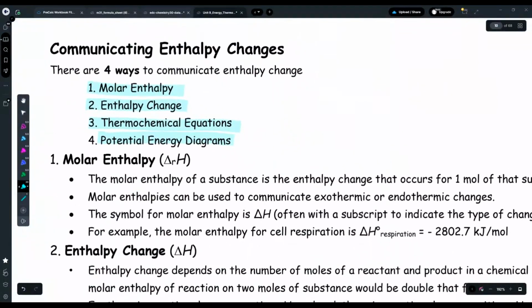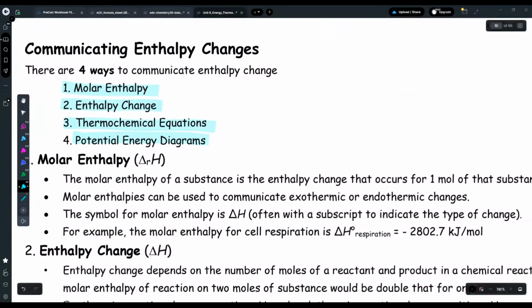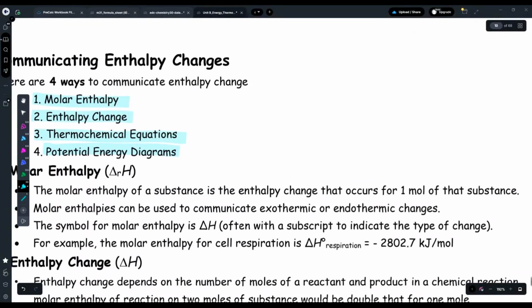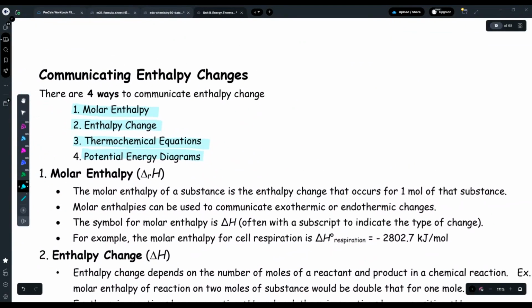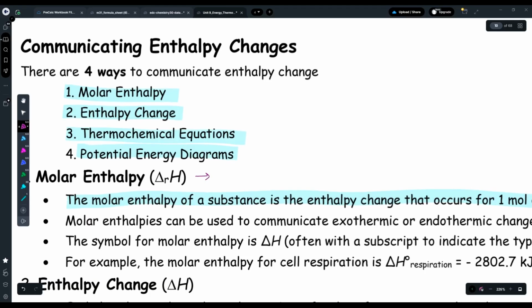Okay, so molar enthalpy is the enthalpy change that occurs for 1 mole of that substance. The key thing here is that molar enthalpy is specifically for 1 substance.